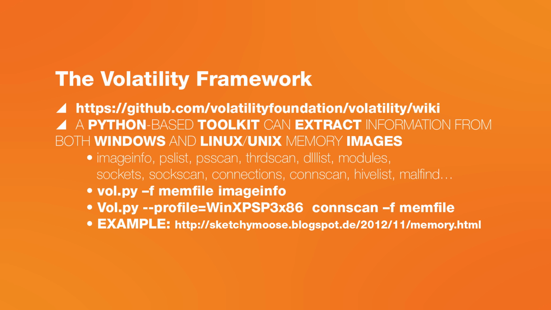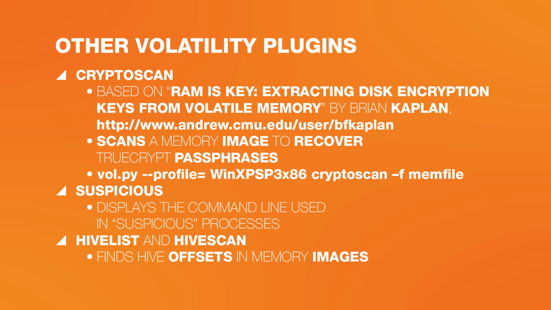Similarly, the plugin connscan can extract hidden network connections, while the plugin connections cannot survive a malicious attack. The plugin cryptoscan attempts to recover an encryption passphrase from a memory image.